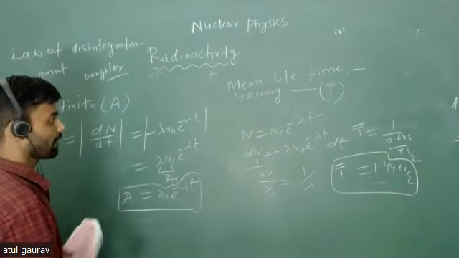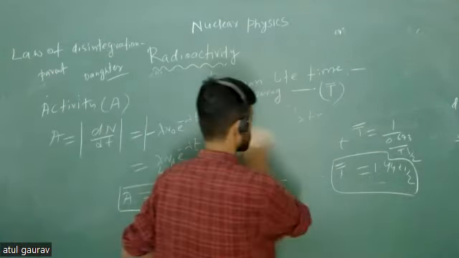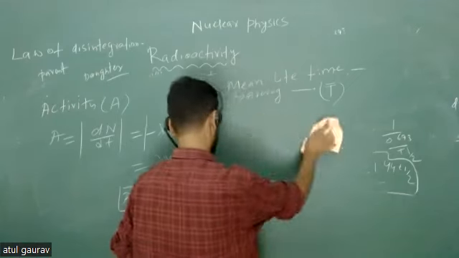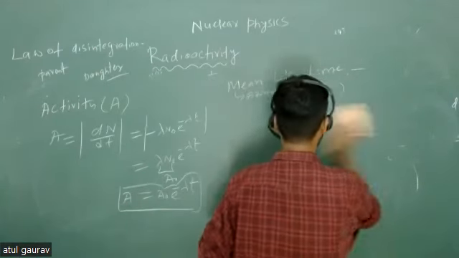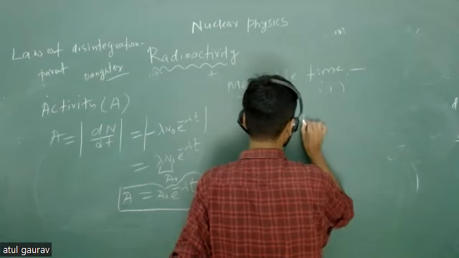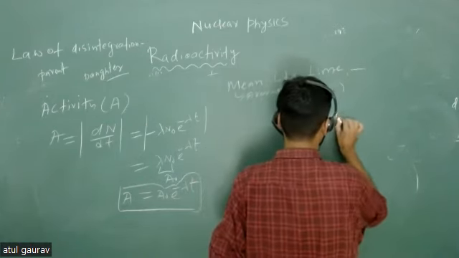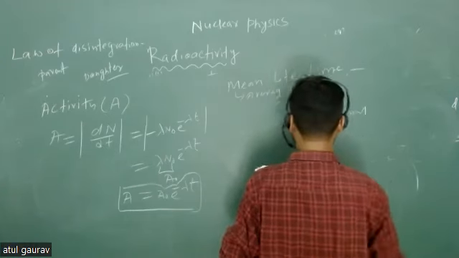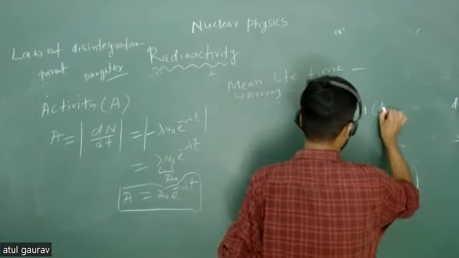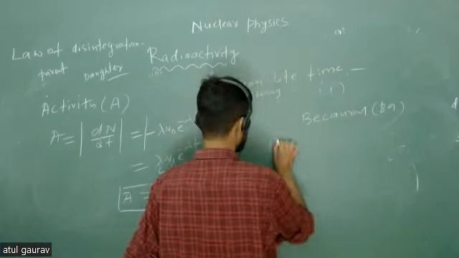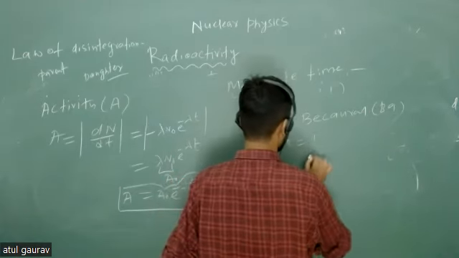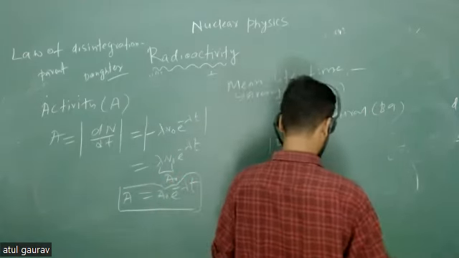Okay. So basically, in what unit is activity measured? Becquerel, right? The symbol is Bq. So 1 becquerel means 1 decay per second.